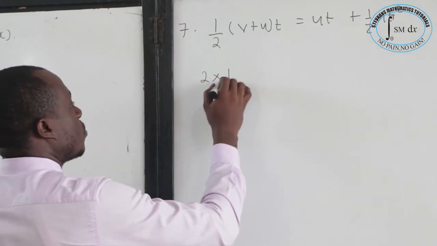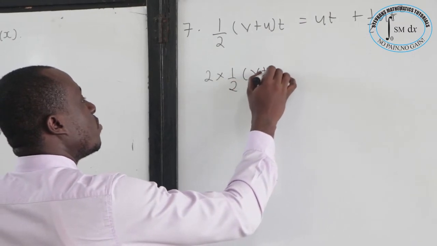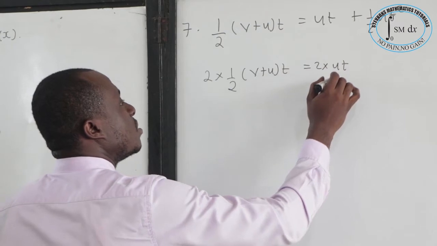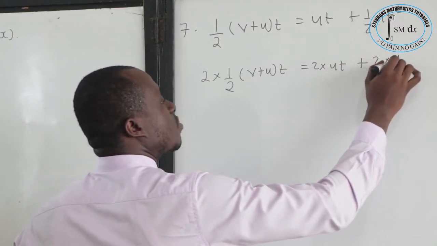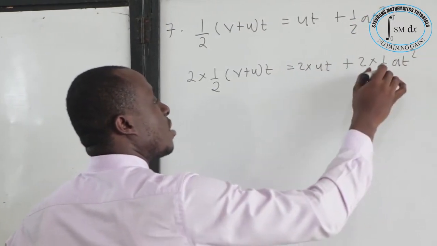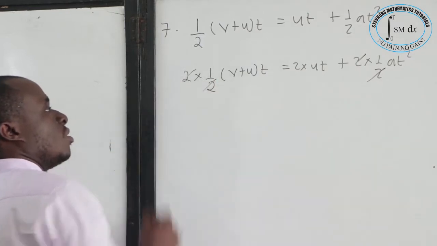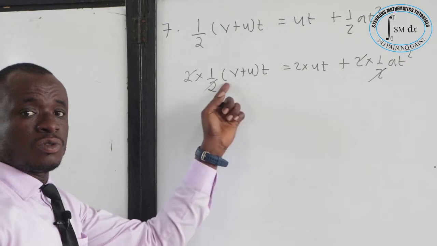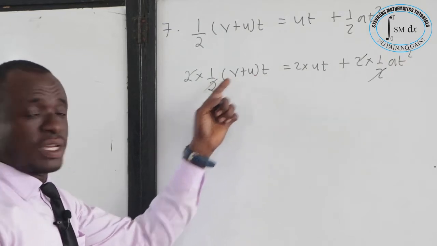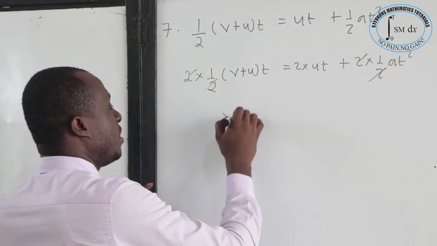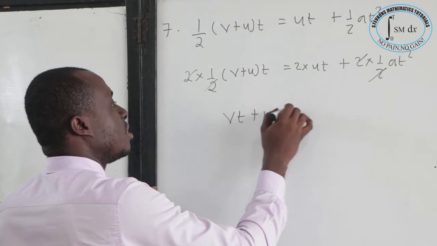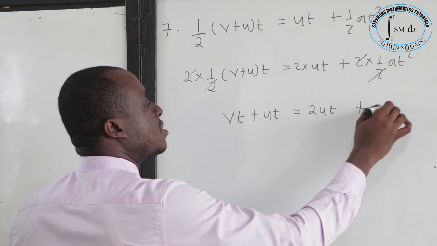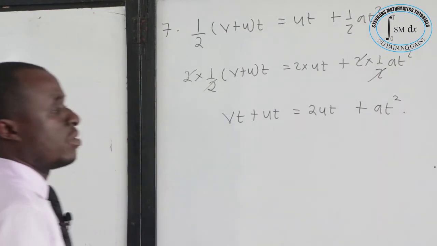So I have 2 times 1 over 2 (v plus u)t, 2 times ut, 2 times 1 over 2 at squared. Clearly this 2 will cancel that 2, this 2 will cancel this 2. Now we have (v plus u), so this t would multiply through, so we have vt plus ut equal to 2ut plus at squared.